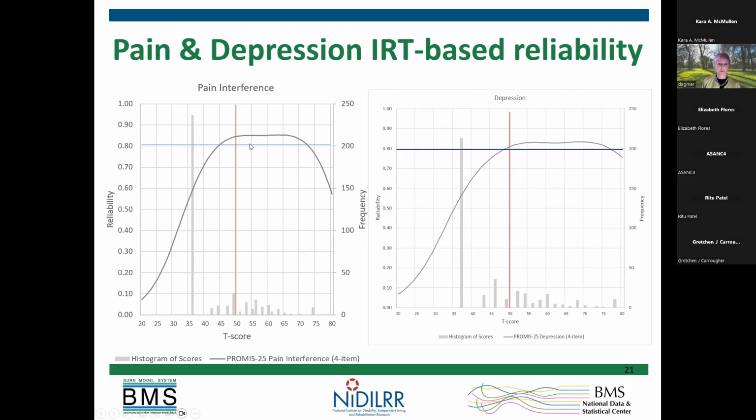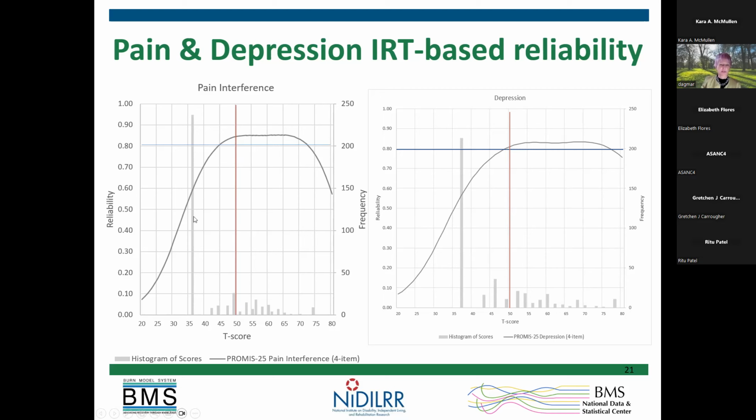So here, the blue line is the recommended reliability for group comparisons, and the red line shows you where the mean population score is. So your average person in the population is expected to have a score around 50 here.